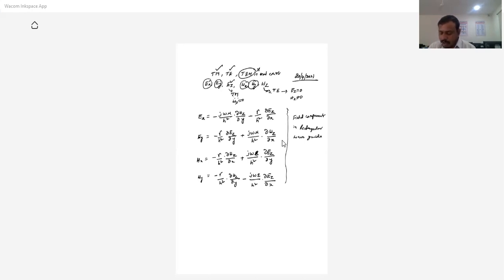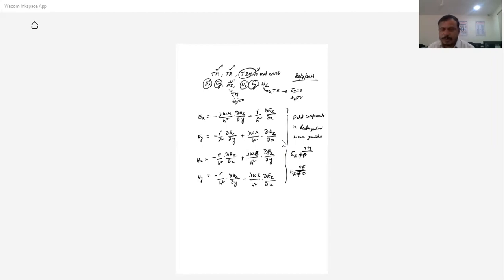Now our intention is to find EZ and HZ. EZ is for the TM mode, and it is not equal to 0 for the TM mode. HZ we are going to calculate in the TE mode, and it is not equal to 0.